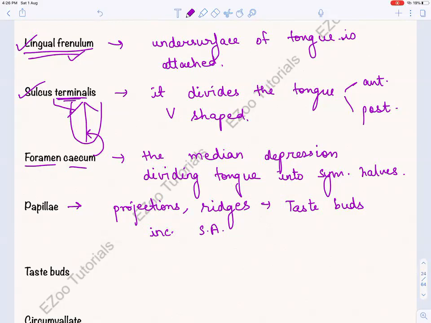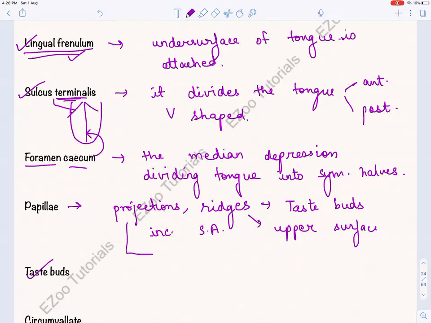Now what will we do about these taste buds? So papillae are these nipple-shaped projections. And where are these present? They are present on the upper surface. Okay, you can feel it, and they are projections of what?